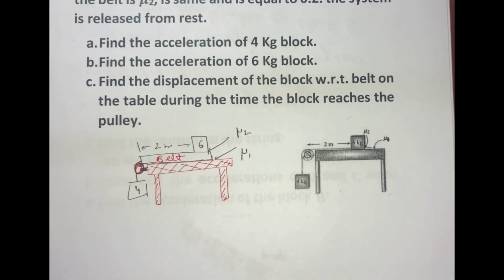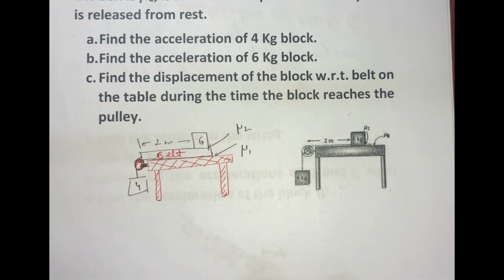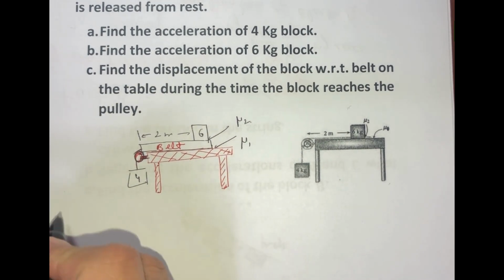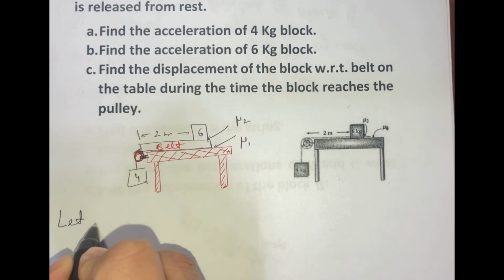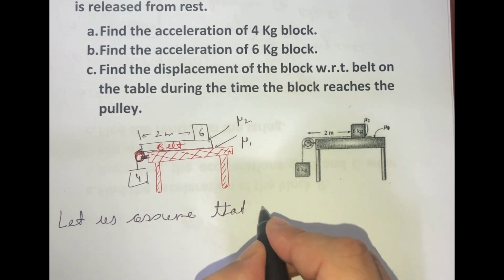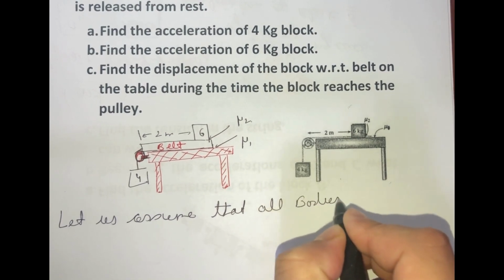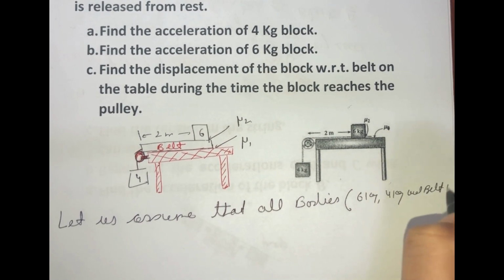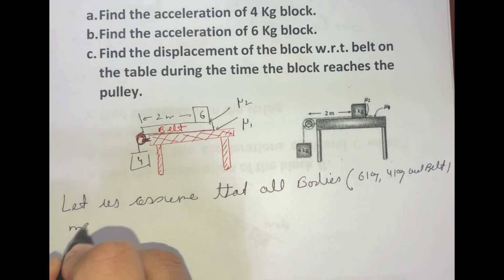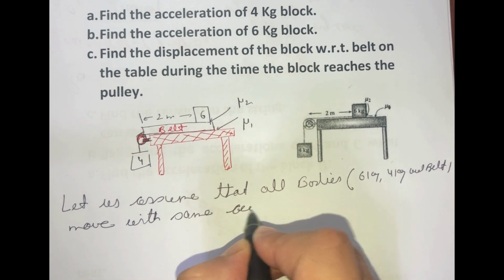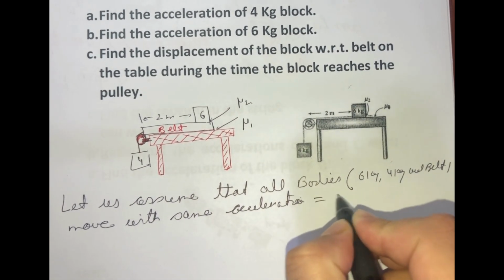So let us consider for the belt and 6 kg block, let us assume that all the bodies, meaning 6 kg, 4 kg and belt, move with the same acceleration, given as a.